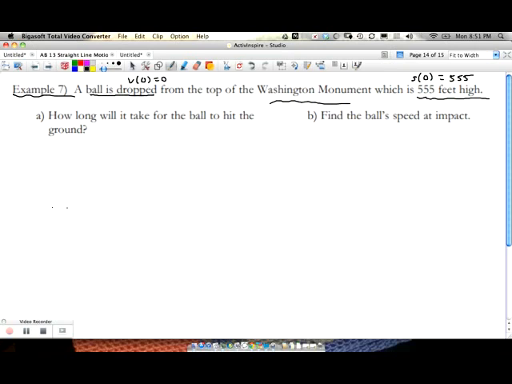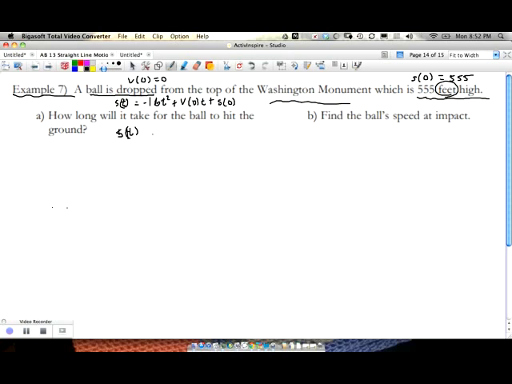So we should create an equation before we get into these questions here, but let's think about what S of t would be. S of t, if we're talking about feet, is equal to negative 16 t squared plus v sub o times t plus s of o.